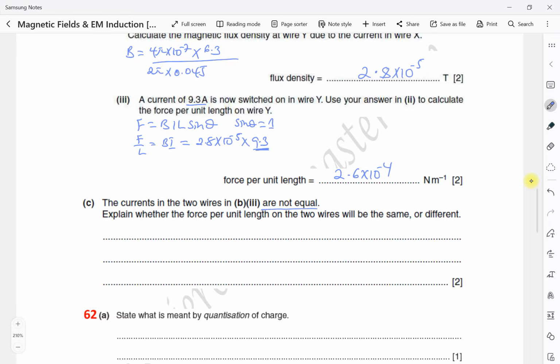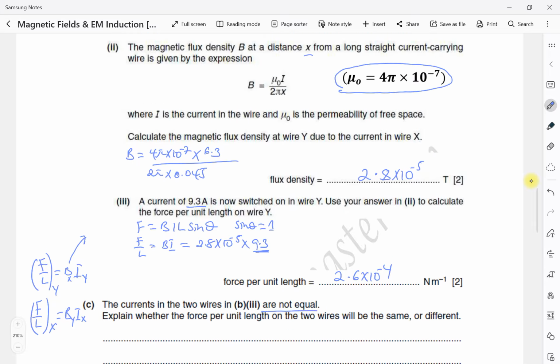Of course, the force per unit length depends on the product of the two currents, because force per unit length is equal to B times I. The force per unit length on wire Y is going to be B caused by wire X times I in wire Y. And the force per unit length on wire X is going to be B caused by current in wire Y times current in wire X. When you look at the equation for B, B caused by X is mu naught times I in X divided by 2 pi times the separation x.